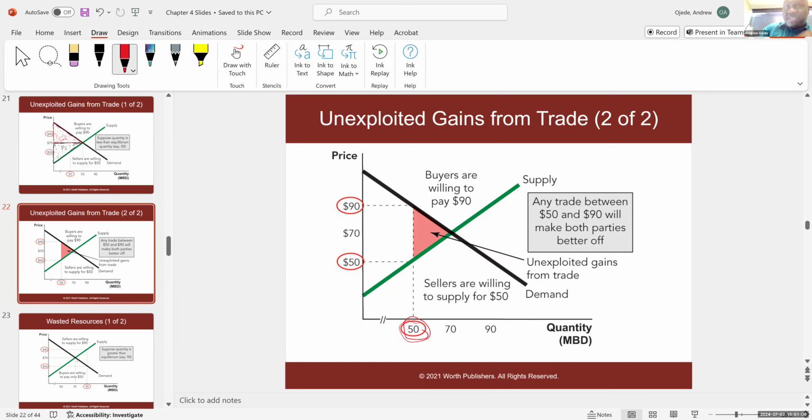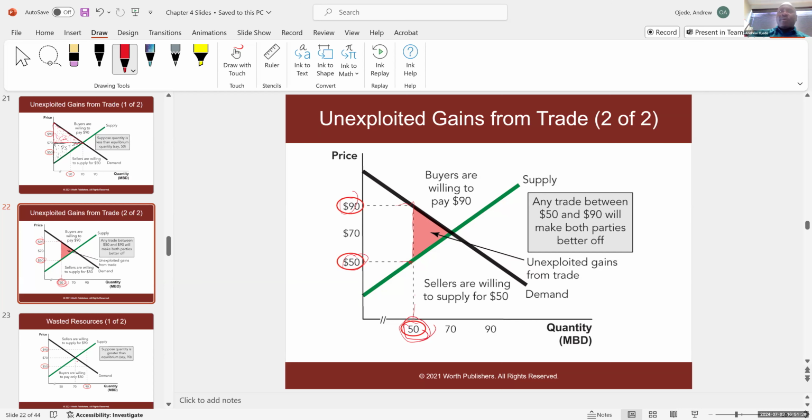If you produce 50, how do I know that? You draw a line up to the supply curve. That means the minimum price the sellers are willing to receive is at least $50. But the buyers are willing to pay up to a maximum of $90 when this quantity is produced. So any trade between $50 and $90 will make both parties better off.